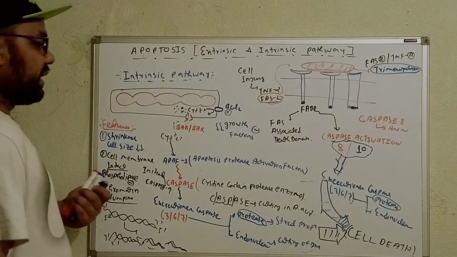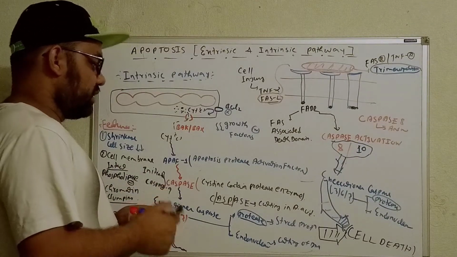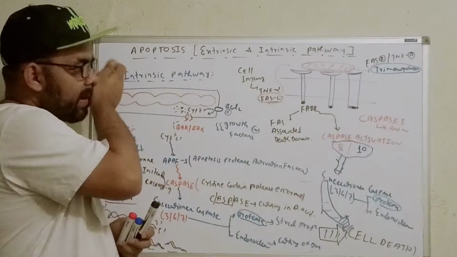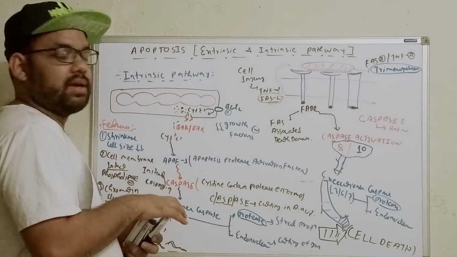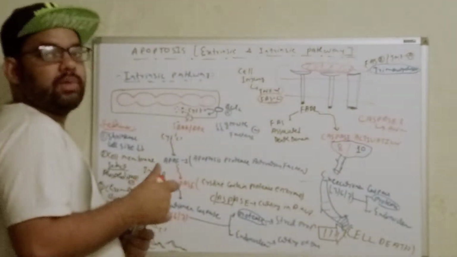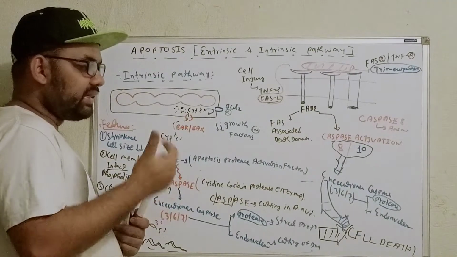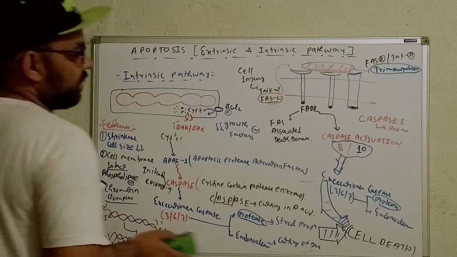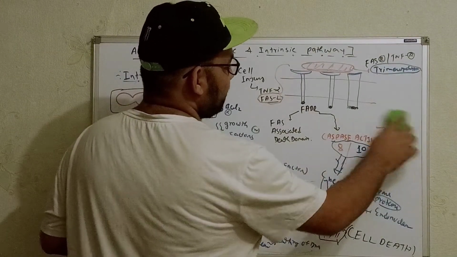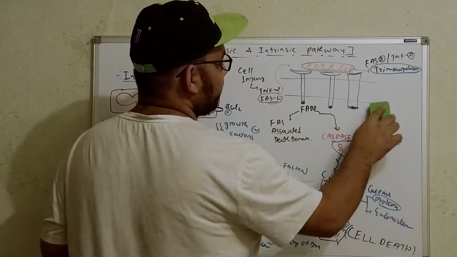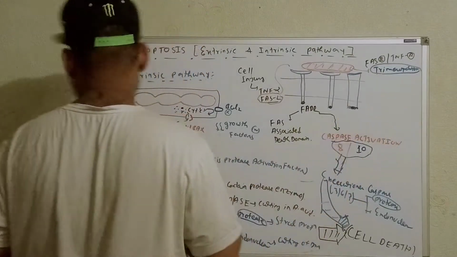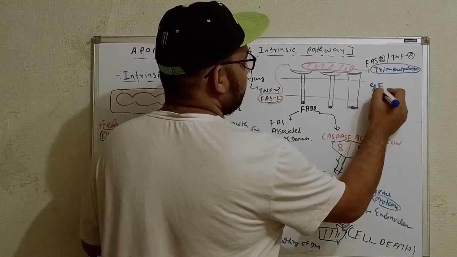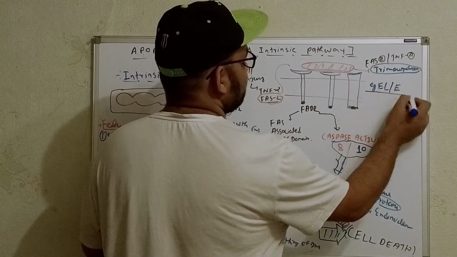Now, whatever we get in gel electrophoresis: I already said in the separate video on necrosis that we get the smear pattern whenever we see the cells under gel electrophoresis. Now, for apoptotic cells, let me show the gel.